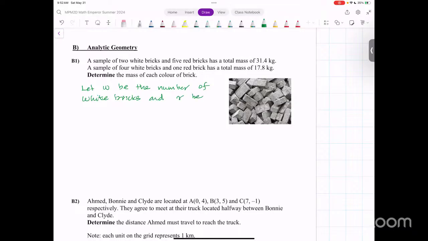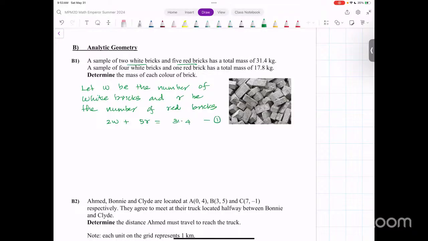R be the number of red bricks. 2 white bricks, 2W plus 5 red bricks, 5R is 31.4.